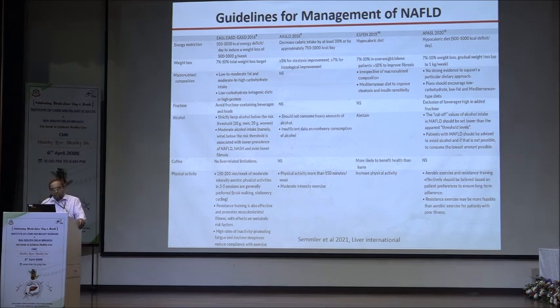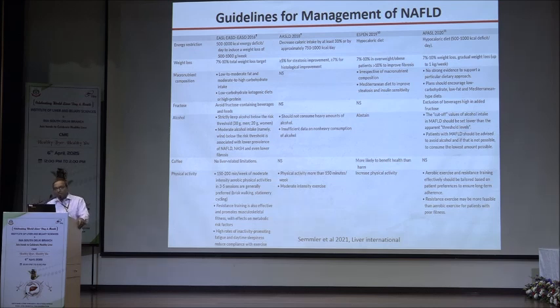Then there are certain macronutrients in the diet: carbohydrate, protein, and fat. We can change the composition of the diet accordingly, and this has been tried in various studies by increasing the percentage of protein in the diet for that much of calories. In some, they have reduced the fat content. In some, they have reduced the carbohydrate content. I'll come to those studies a little later.